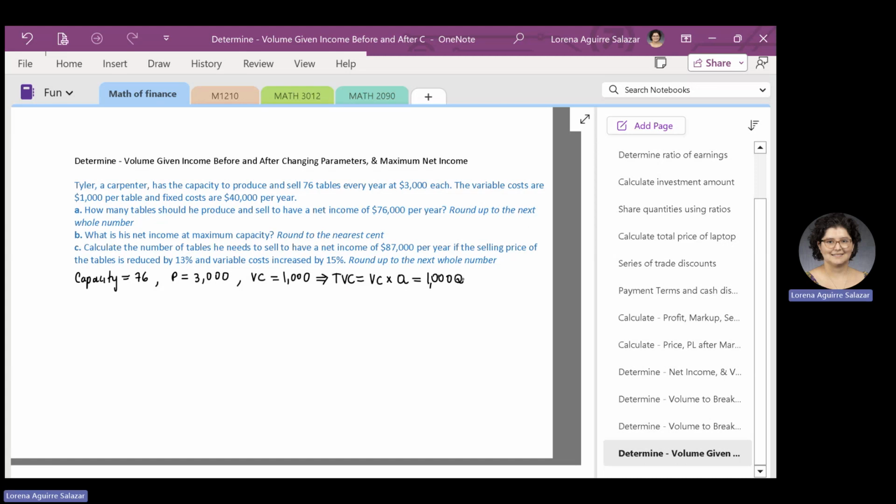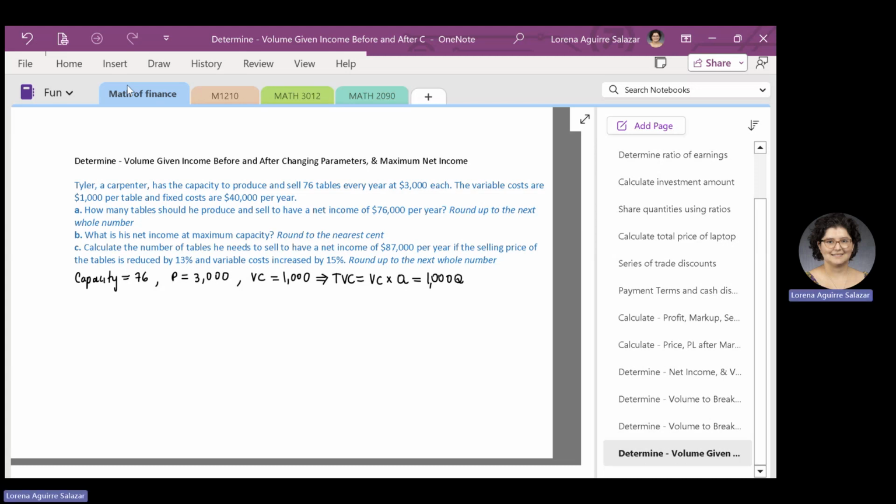Next, we have that Tyler has fixed costs of $40,000 per year. Fixed costs are costs that remain the same regardless of the number of items produced to sell. Fixed costs are calculated for a specific time period, in this case per year, and are based on the production of a predetermined quantity of products for that period, in this case 76 tables.